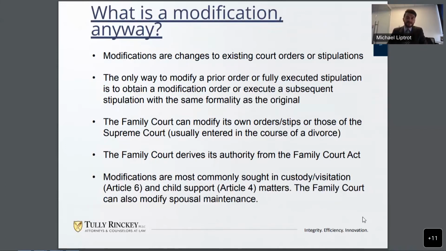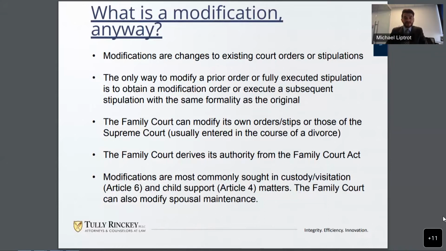So, what is a modification? Modifications are, simply put, changes to the existing court order or stipulation. You started out in Supreme Court if you're getting divorced, and you ended up with a judgment of divorce. Maybe you made an agreement as far as all the issues pertaining to your divorce, and that was incorporated in the judgment of divorce.